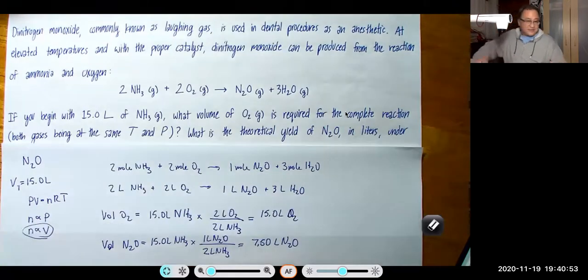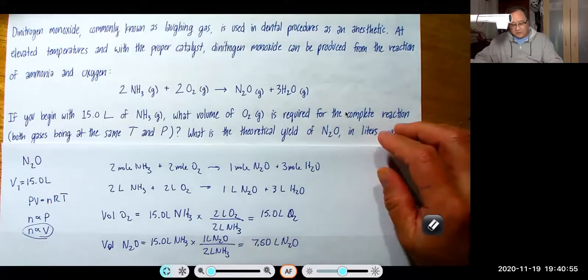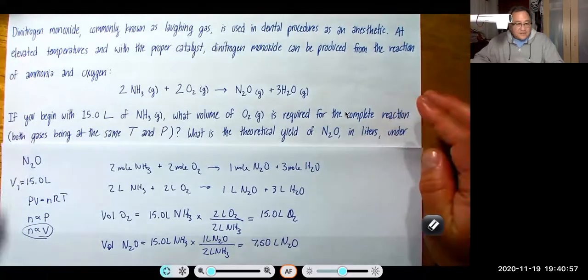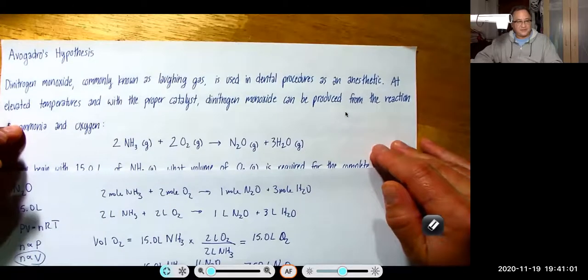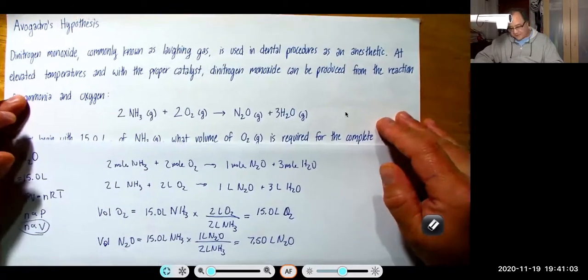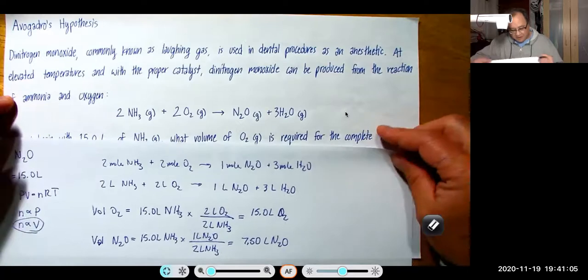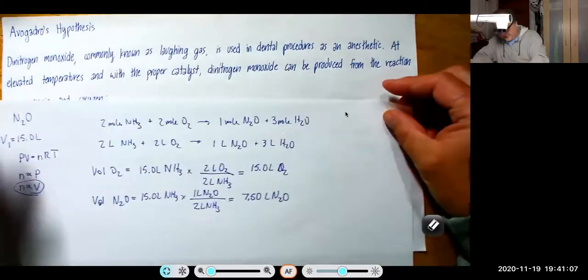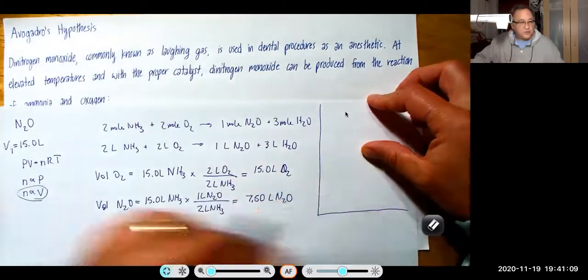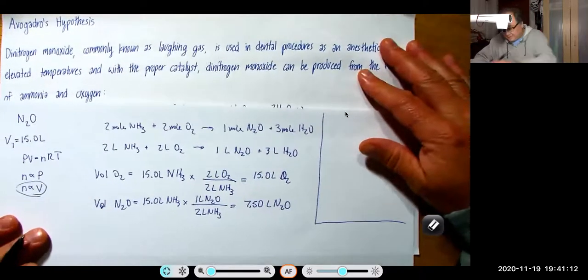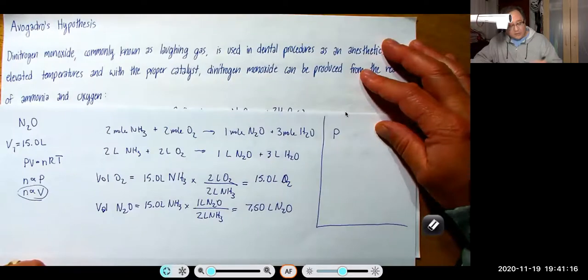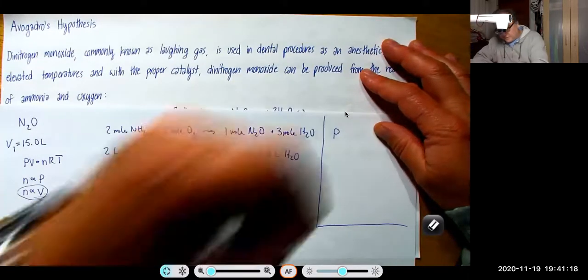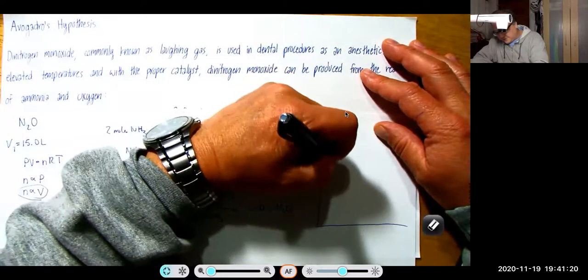It turns out this is not really anyone's law. There's a clever way to do this. They call this Avogadro's hypothesis. Avogadro's hypothesis is the relationship between volume and moles.